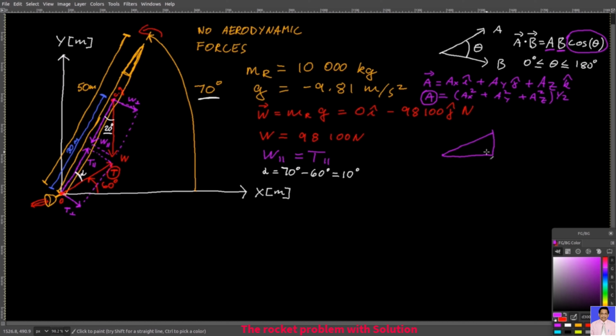If this is your right triangle, this is theta, and this is A, B, and C, then cosine theta equals A over C. So it's simply a ratio. Therefore, the result of a dot product is a scalar quantity, which makes sense because you have one scalar times another scalar times some kind of ratio. So you have to get a scalar.